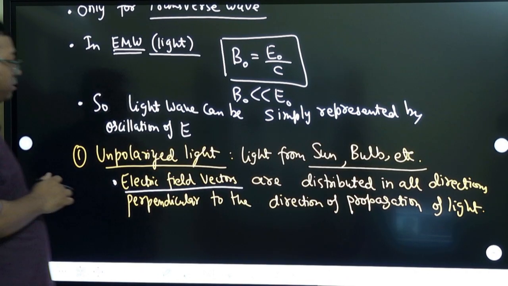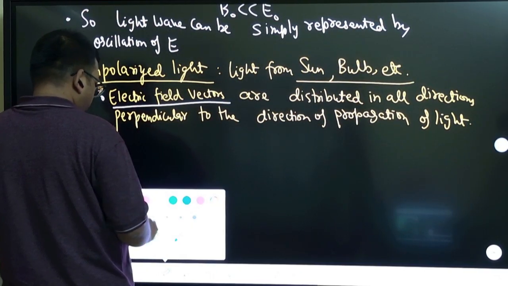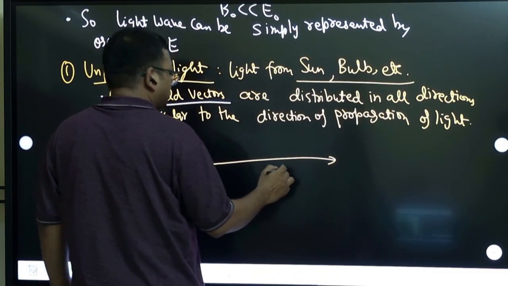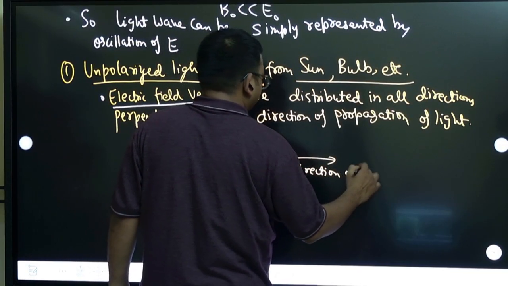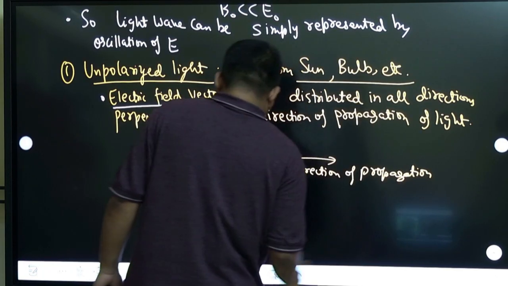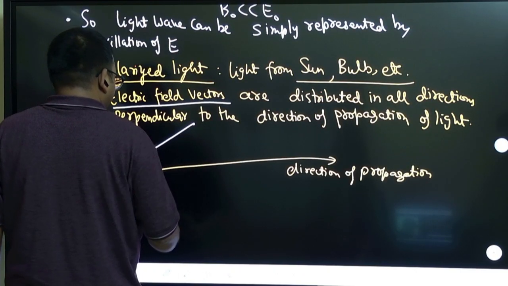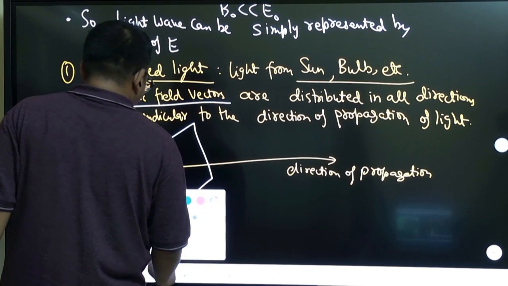For example, suppose light is traveling in this direction. This is the direction of propagation. If I consider a plane here, this plane is perpendicular to this.